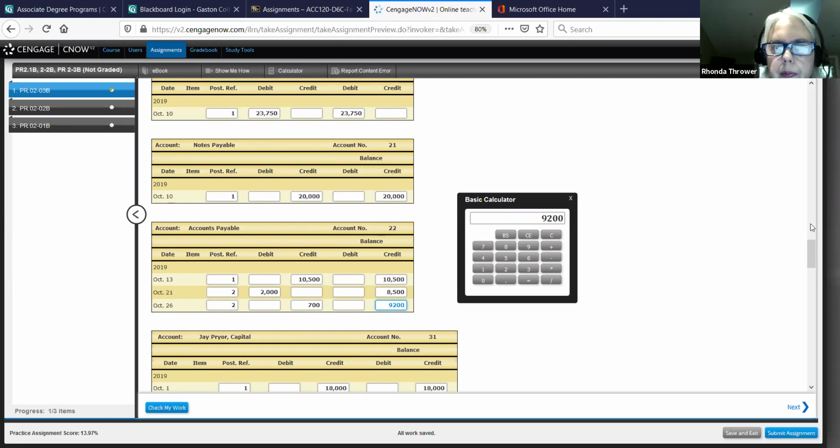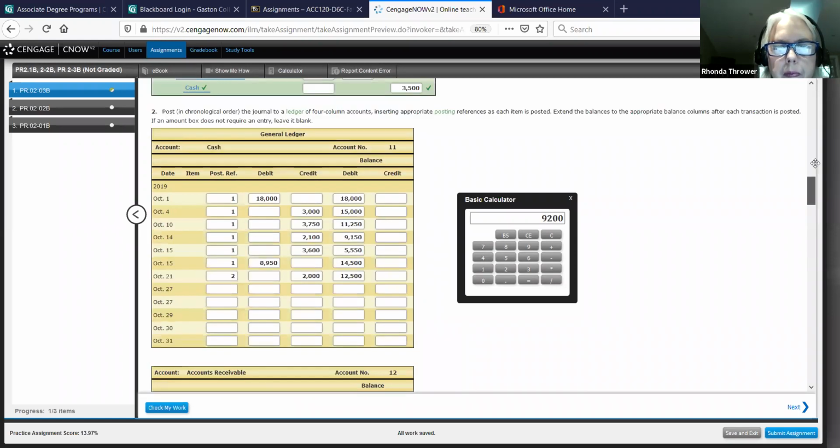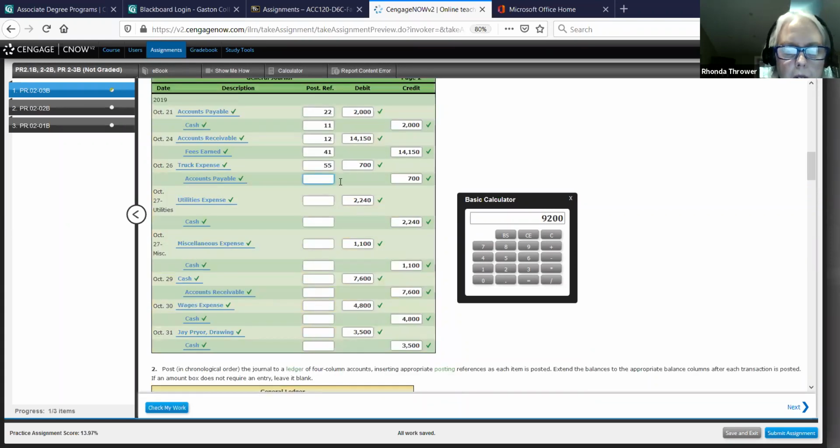Pick up your 22. Put it here. Then we're going to move to utilities expense.